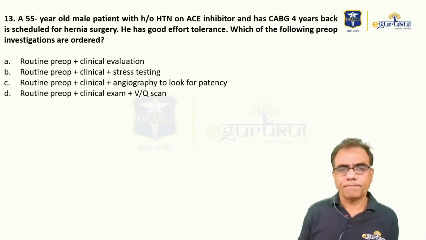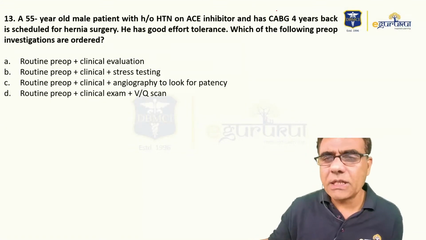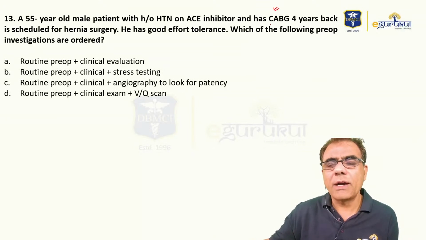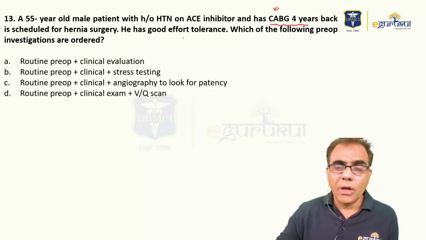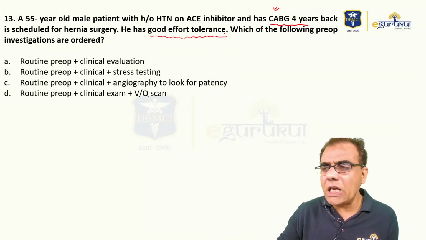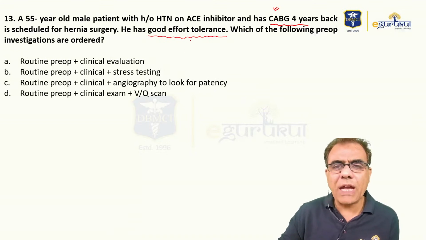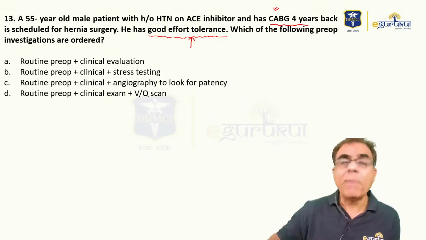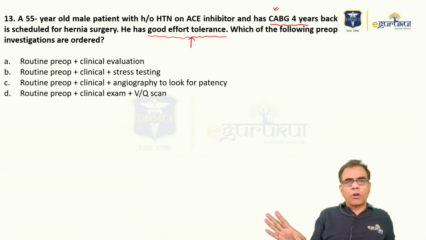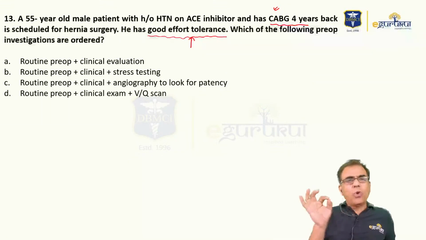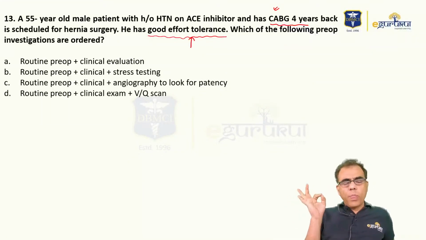See, this patient underwent surgery 4 years back. Fine. Now, the very important determinant of patient outcome is patient effort tolerance, METs. If METs is more than 4, that means the patient has good effort tolerance and we can really go ahead with the surgery without getting any investigation.